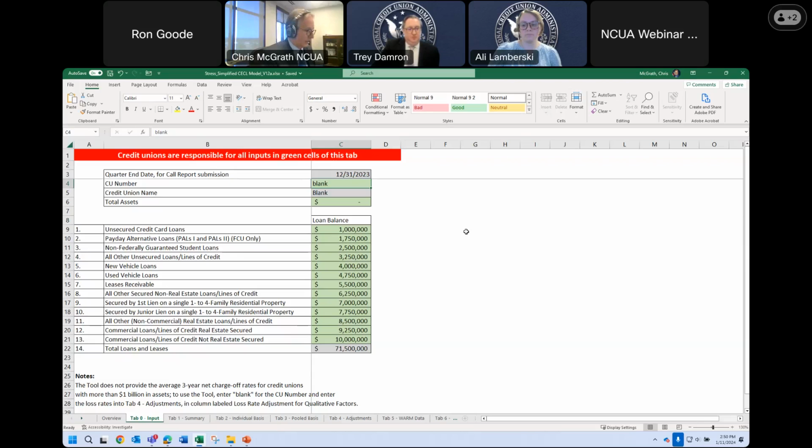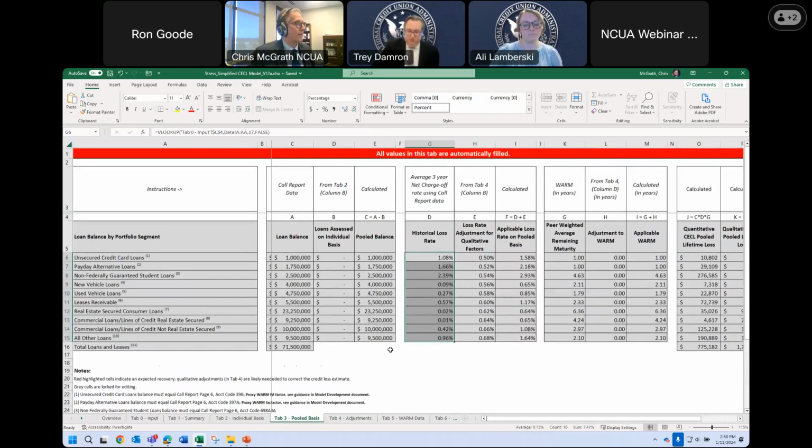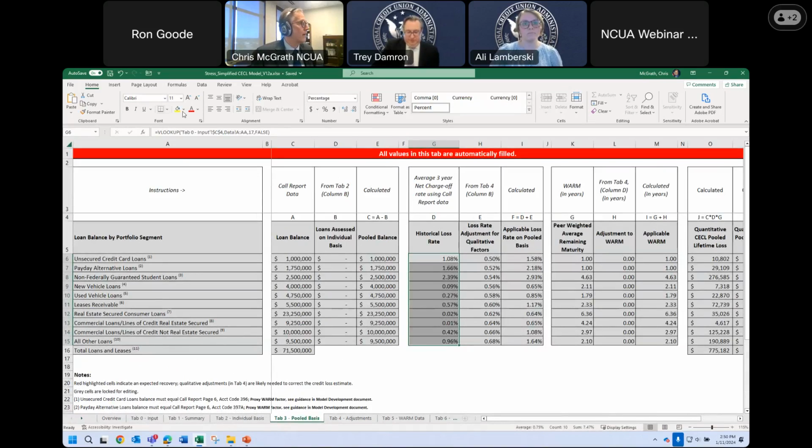In this case, I'm going to say my charter number is 99999, and in it comes up my test credit union. When you enter your charter number, you will see on tab 3 your historical loss rates will automatically populate. Let me highlight that. So these are from the call report, and these are the average net charge-off rates for the last 3 years.